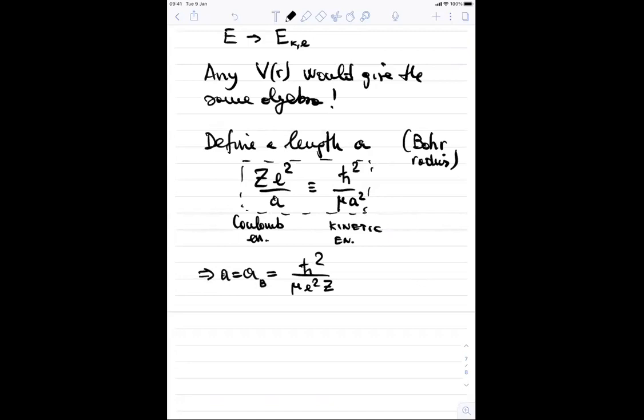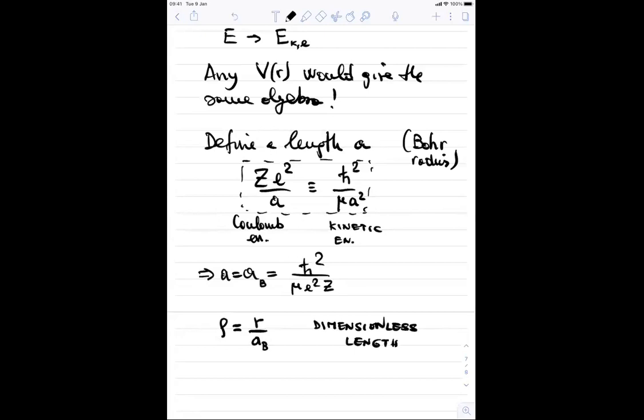Now this length is the crucial length. So I want to measure, rather than R, I define a dimensionless variable rho, which is R divided by the Bohr radius. This is a dimensionless length.